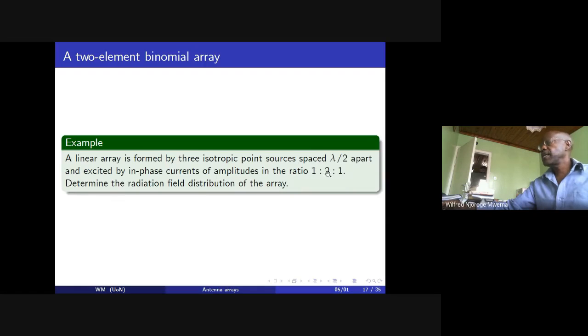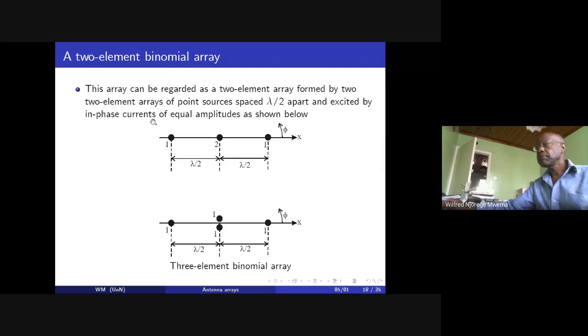What we notice here now is that we are not exciting the antenna array elements with the same current, but the ratio in the amplitude is in that form, more like what you call the Pascal triangle when you recall your mathematics. So this array, we can always treat it as 2-element arrays, okay?